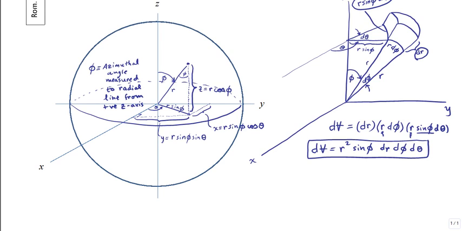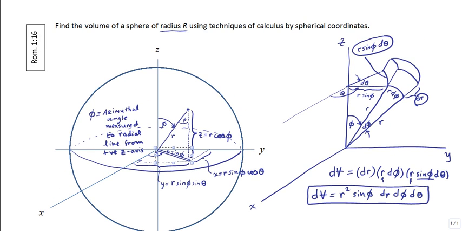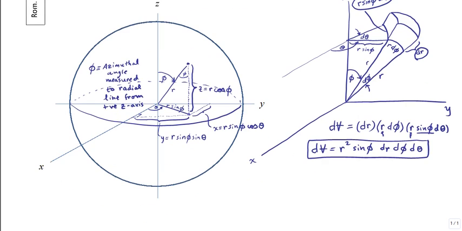Notice that, starting with r, r ranges from the origin, 0, to the radial length of the sphere itself, which we were told in the beginning is r. So let's denote that first: r ranges between 0 and r.